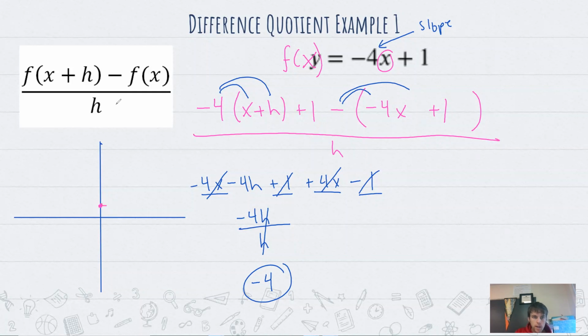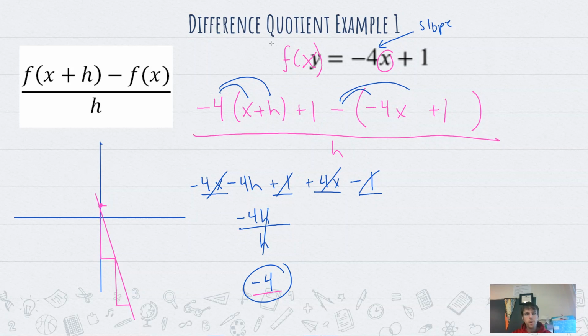That's our y-intercept, down 4 over 1, right? Down 4 over 1. That's the slope of this line. So no matter how big of an interval we look at, whether it's a huge interval or a really, really small one, the slope's going to be the same as the slope of the line, which is negative 4.